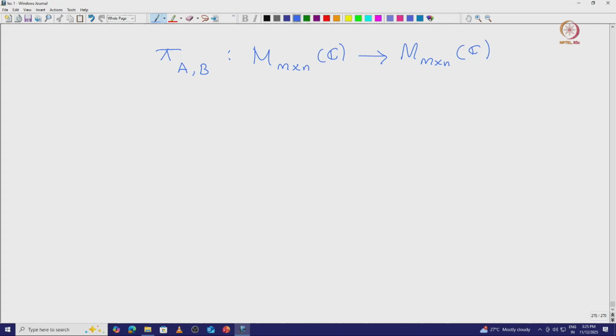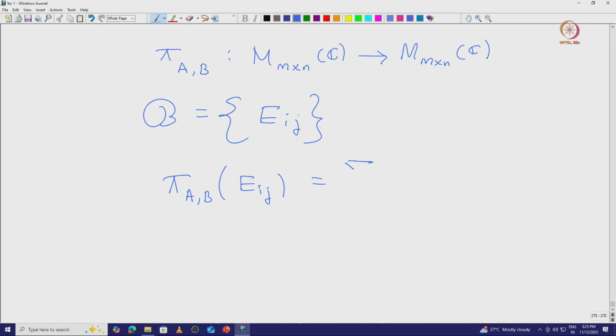If you want to find out what the trace of this π_{A,B} is, then we have to work with the standard basis E_ij, compute the image π_{A,B}(E_ij), and write it down in terms of the E_rs with some coefficients, let us say a_rs.